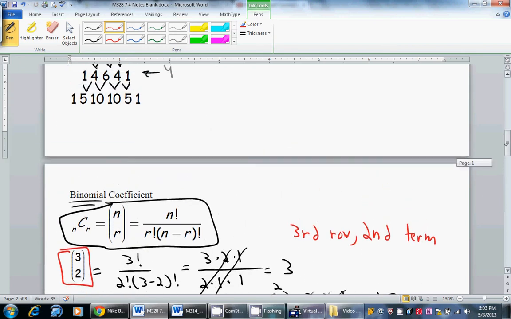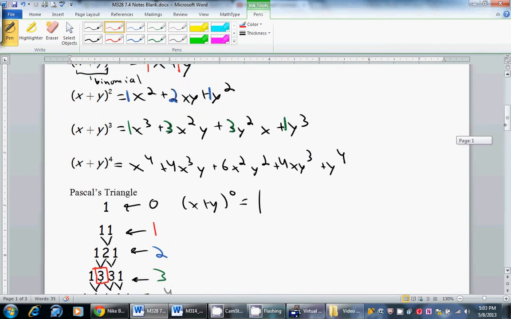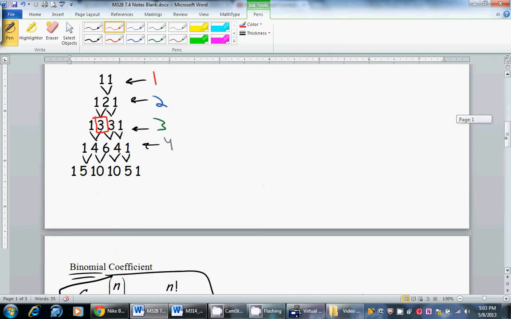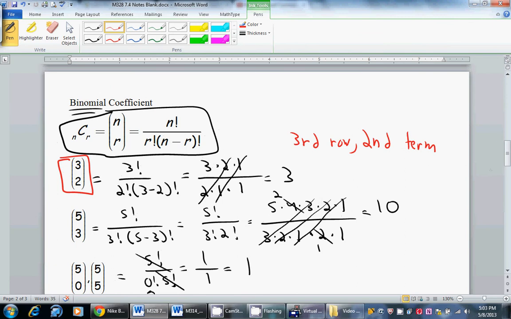Third row, second term is this 3 right there. And remember, the elements in Pascal's triangle also represent the coefficients when you expand these binomials. That's why this process is called the binomial coefficient.